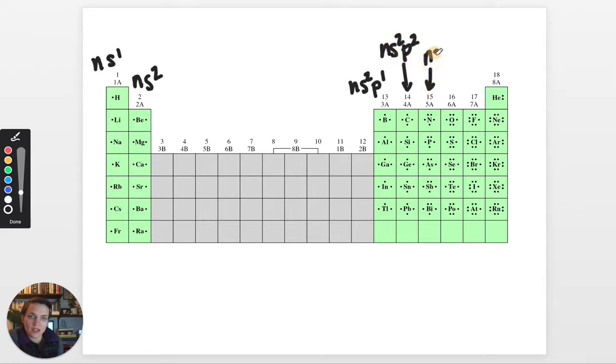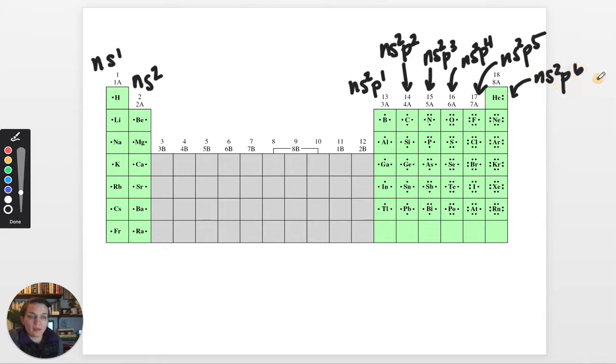These would be ns2p3. Group 6A, ns2p4, and 7A would be ns2p5, and then of course our noble gases, everything below helium, would be ns2p6 with that complete valence shell.